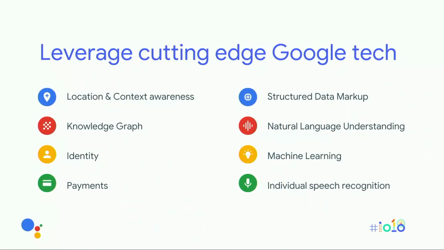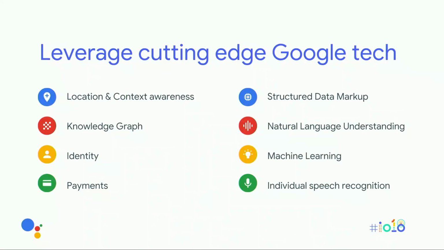Now, making a conversational interaction seems complex, but we have built a cutting-edge technology stack to take away a lot of that complexity. We have built natural language processing, individual voice recognition, machine learning algorithms for inflection, different voice types, and using Google's core assets in the knowledge graph, identity, and payments, we put together a technology stack to make it easier for you as developers.